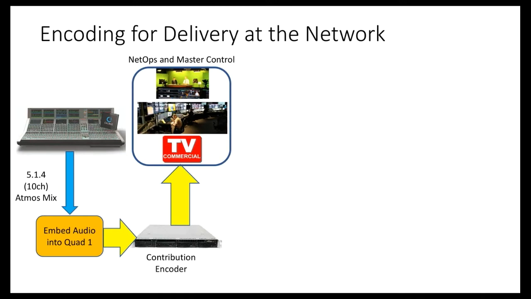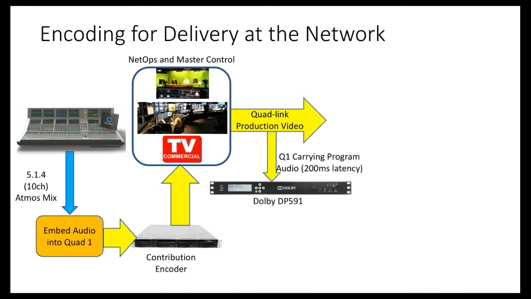This is the same sort of approach that you would take with Atmos, except you'd have a few more channels. Instead of 5.1, you'd have 5.1.4. So instead of 6 channels, you'd have 10 channels going back to network operations and going through master control.